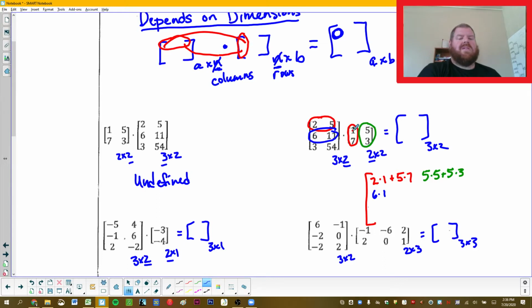So 6 times this one, and 1 times 7. Okay, and then the blue with the green is 6 times 5 plus 1 times 3.